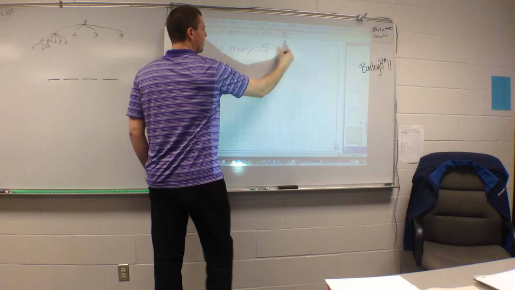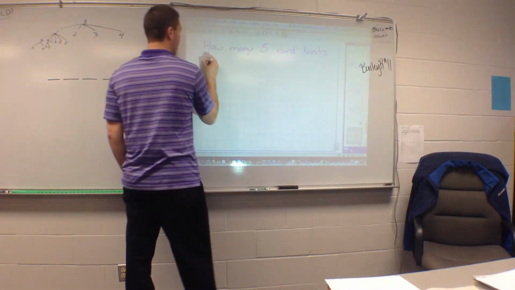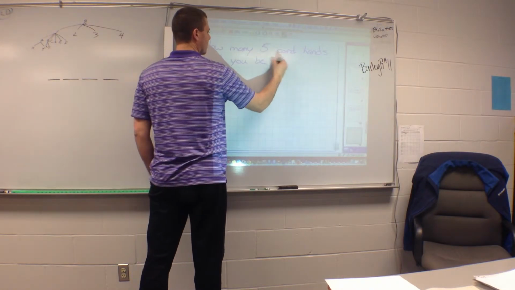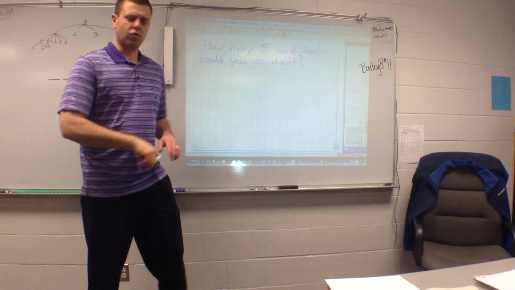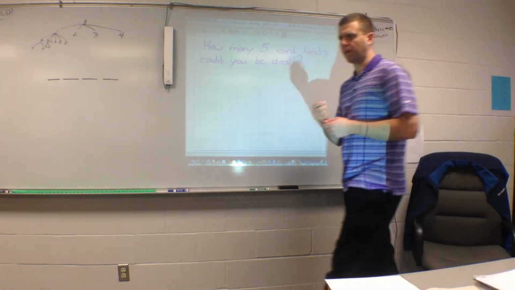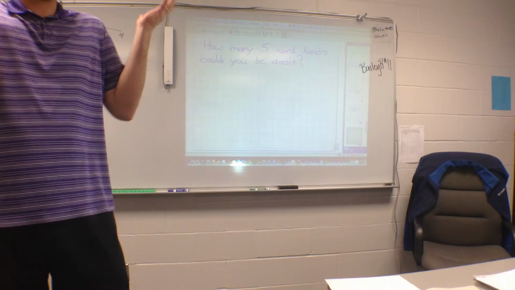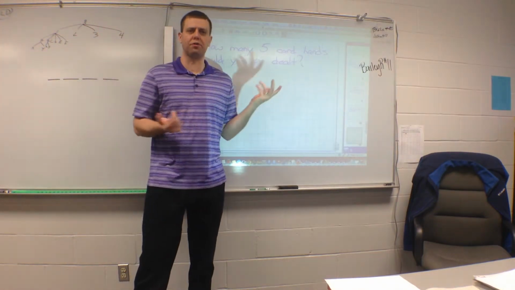How many 5-card hands could you be dealt? So I'm the dealer. I'm going to give you a 5-card hand. We're playing 5-card stud, or poker or something. I'm going to give you 5 cards. How many different 5-card hands? You don't need to do the math. You can just tell me what math to do.